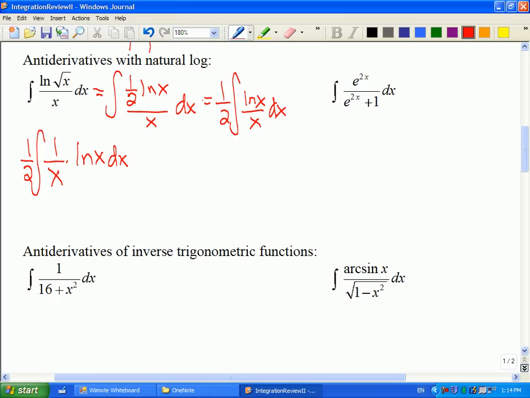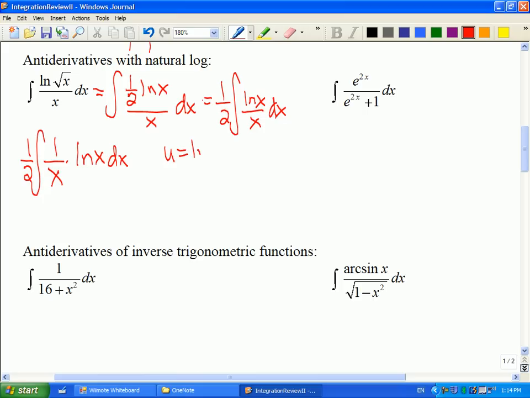So what do you think? What technique would you use here? Yeah, how come? U as natural log x, and then derive it, 1 over x. Yeah, that's right. So you can see a function and its derivative.